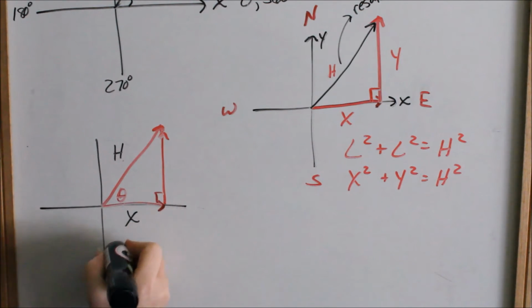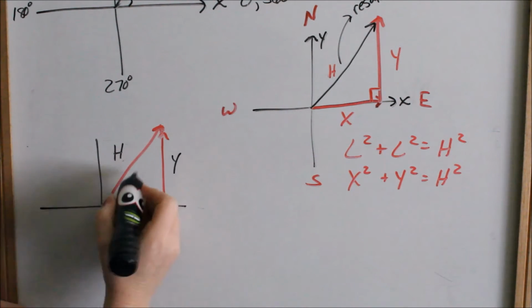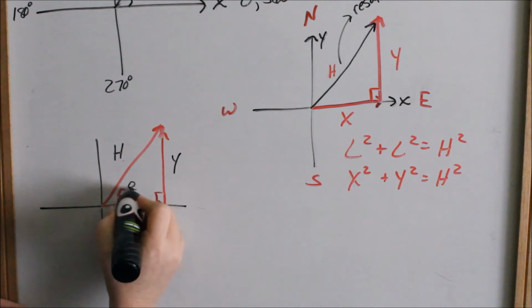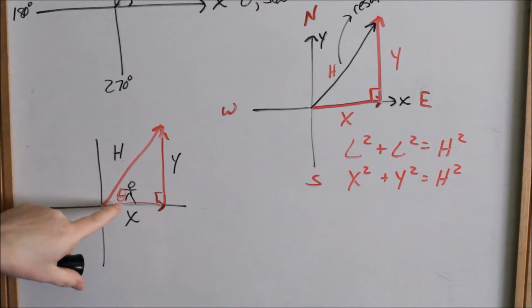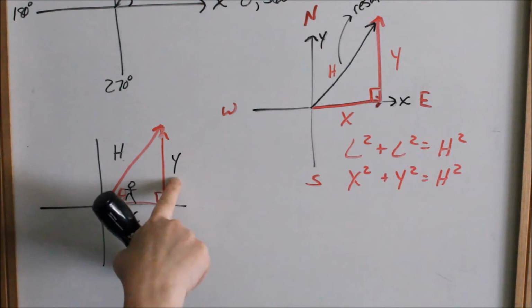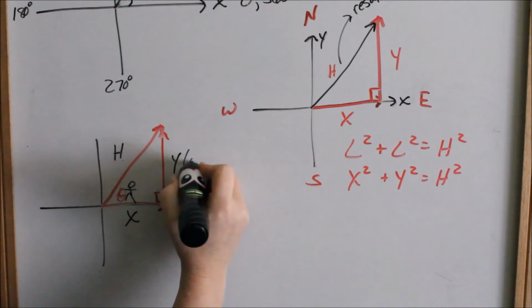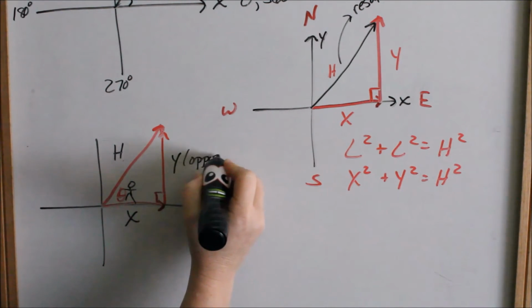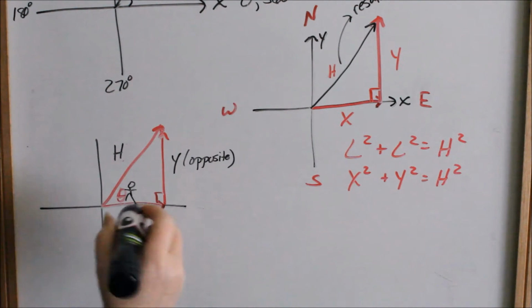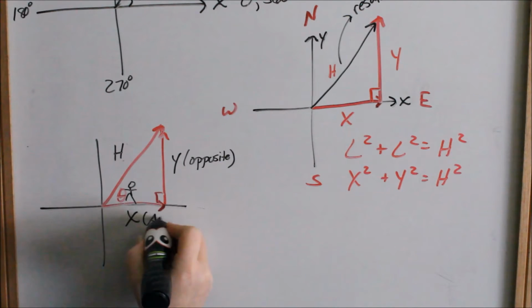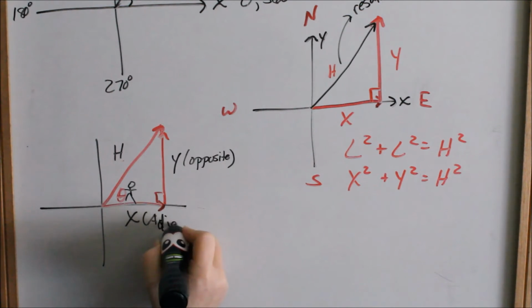This is your x component, this is your y component. If you have a little man standing at theta, everything is relative depending on where you're standing. We're going to be standing at theta. That's the Greek letter theta. If you have a man standing at theta, then the y side would be called the opposite side. That is the side opposite of me. If I'm standing here, then the x component would be the side that is adjacent to me.